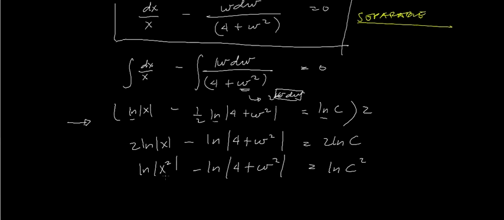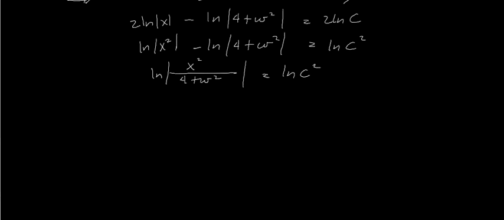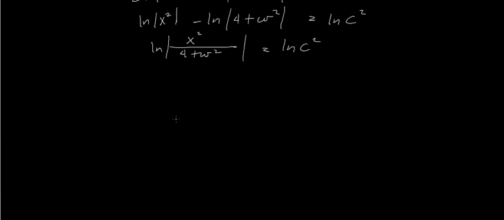Then combining this, we have ln of x squared over 4 plus w squared is equal to ln of c squared, or just ln of c. And applying the exponential, we get x squared over 4 plus w squared is equal to c squared.